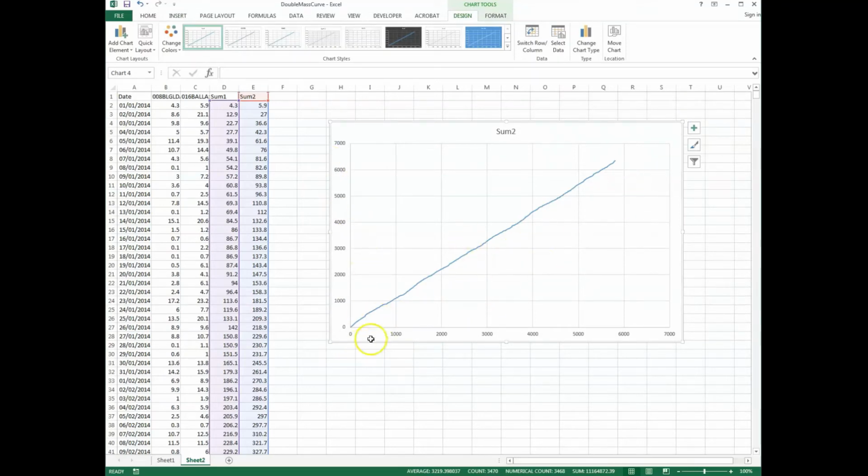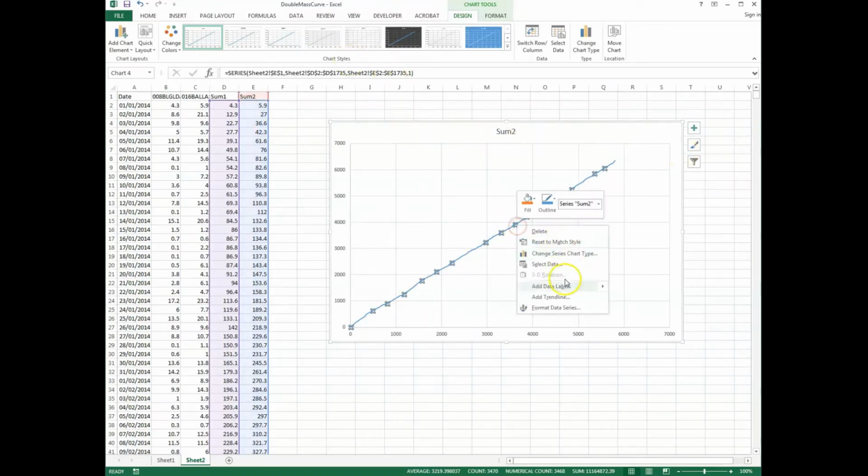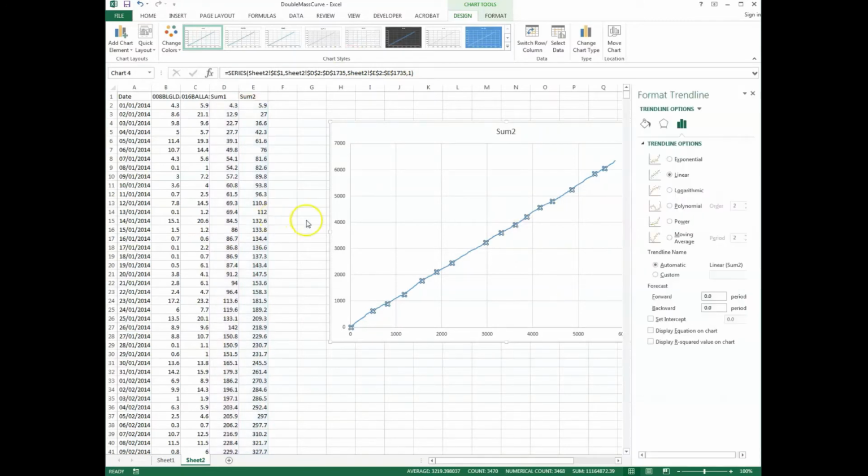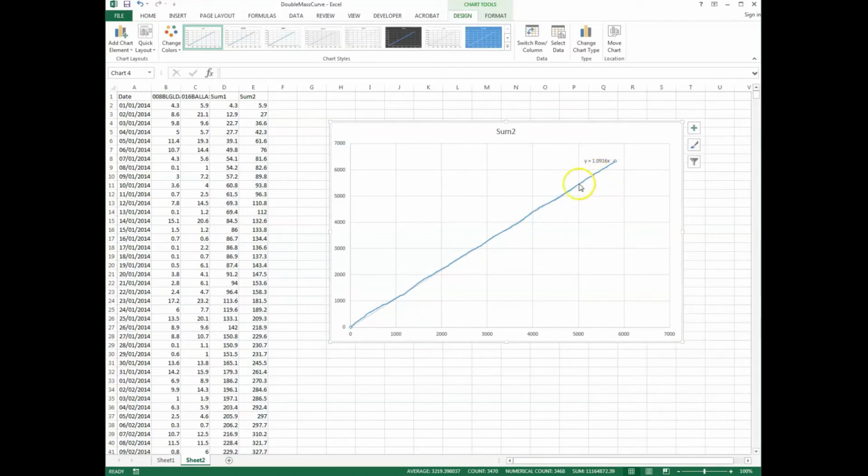You can see this is a plot of cumulative rainfall. From that, it appears that the relationship is relatively linear. There's no obvious change in slope, so you could infer that the data set is reasonably reliable. You could also get the relationship between the two. If we add a trend line, you can see the relationship is relatively stable.